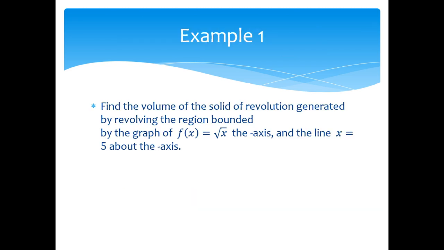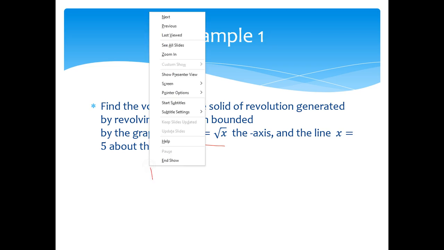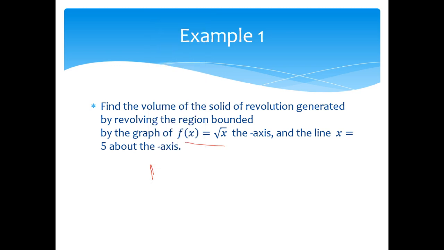So example 1. We want to find the volume of the solid of revolution generated by revolving the region bounded by the graph of f of x equal to the square root of x and the line x equal to 5. This is a graph that we can actually sketch. This is the x-axis.